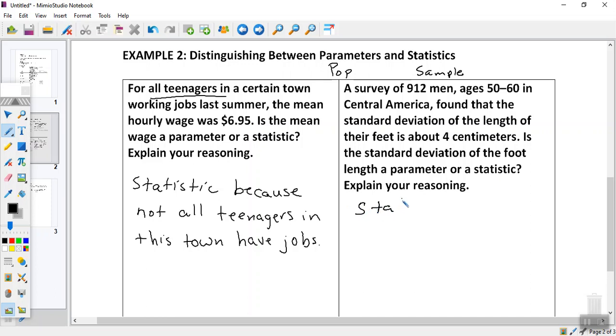But I bet I could Google it and find out that there's probably a lot more than 912 men in Central America between ages 50 and 60. Do you think they went around all of Central America and found every 50 to 60-year-old man? Doubtful. I'm going to go statistic.